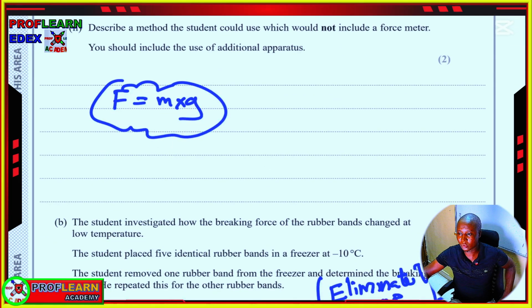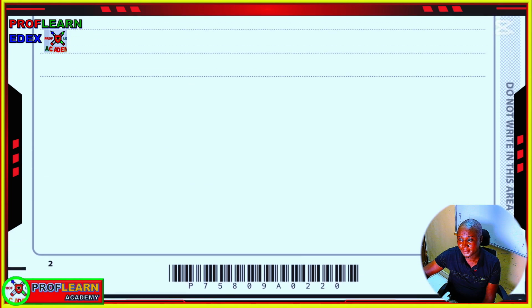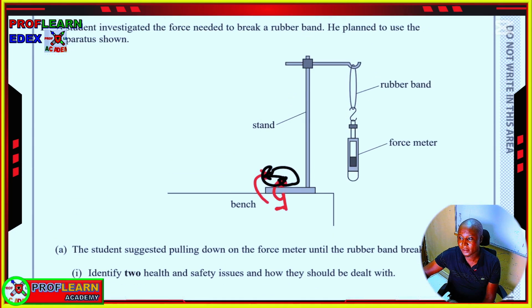I need also to mention another area here. Describe the method the student could use that does not include a force meter. What else could have been done in order to determine the breaking force of this particular rubber band? The force meter can be removed, and then we add different masses on the rubber band, gradually.